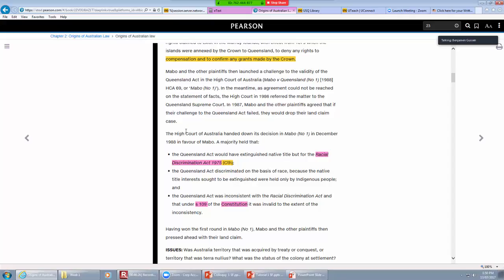Okay? Native title basically says that there are rights that belong to these First Nations that come from their jurisprudence and that pre-exist any sovereignty or importation of English law to this country.